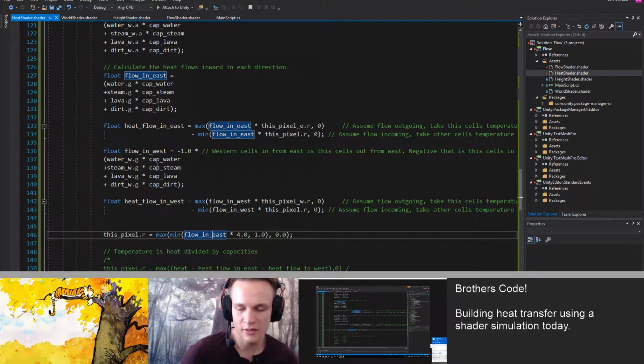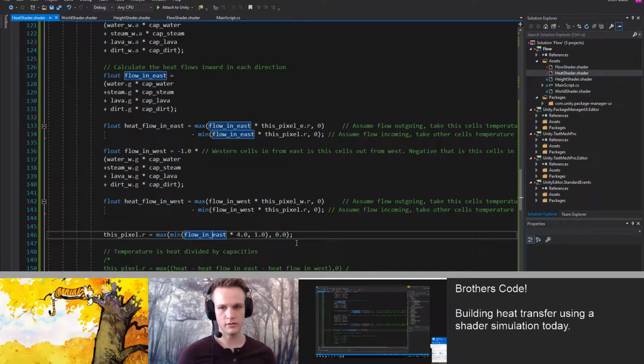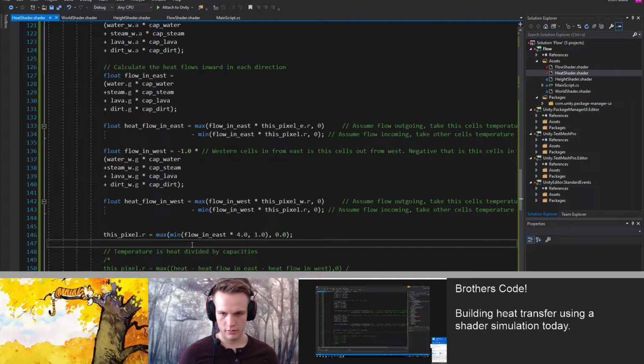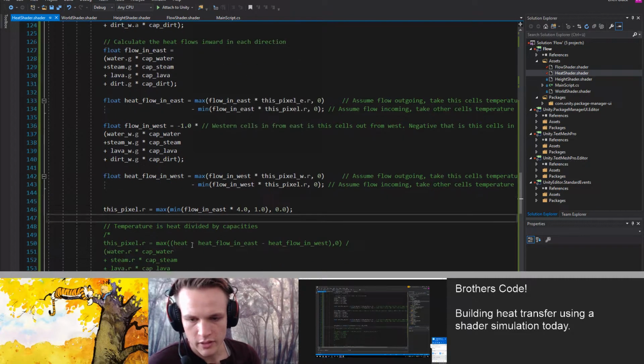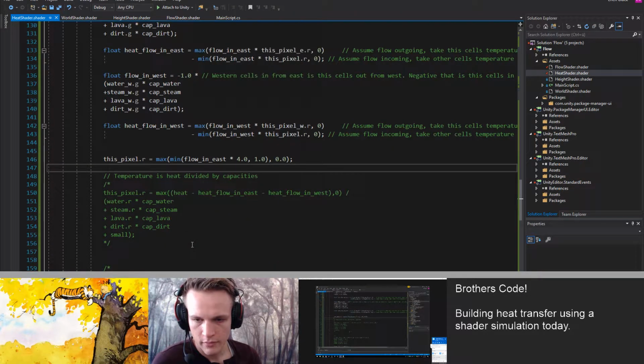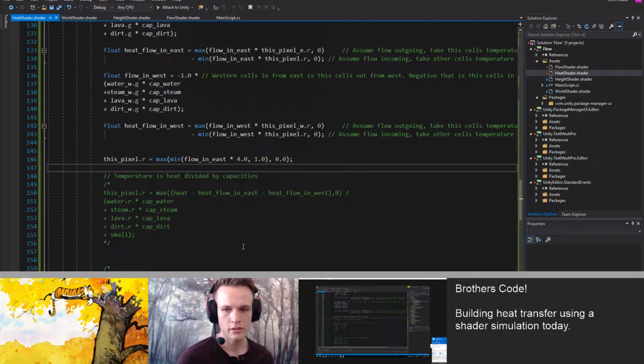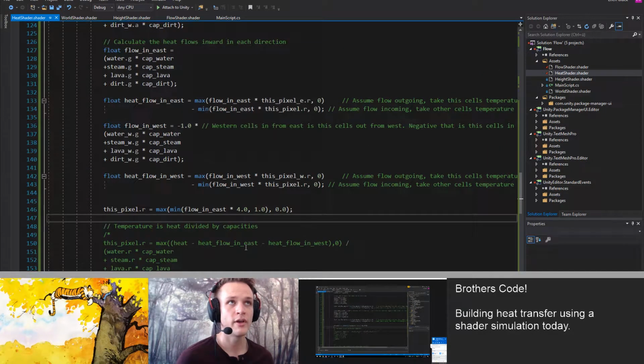Okay, so let's do something dumb. Instead of rescaling everything by heat capacities, what I'm thinking is there should be some way that we can just move the heat with the flow, and that's it.